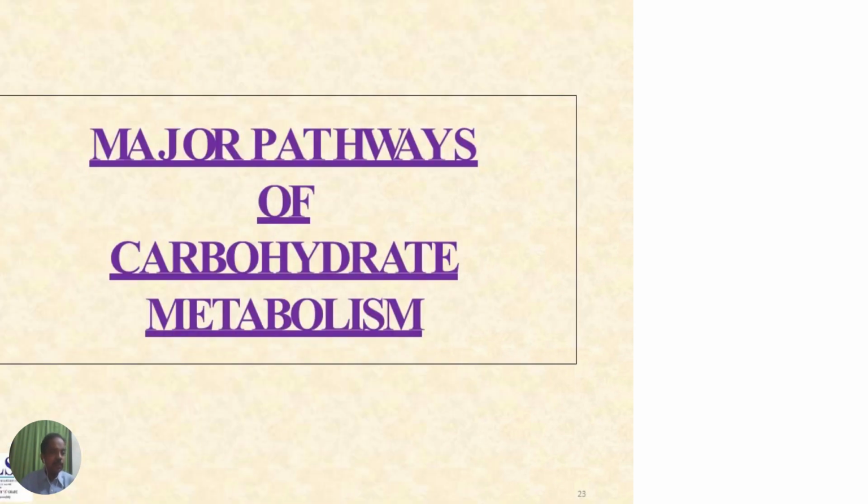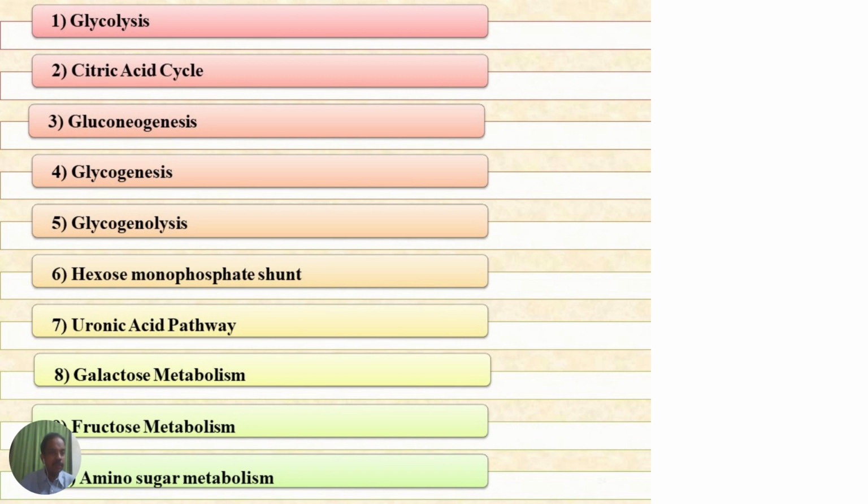The major pathways of carbohydrate metabolism are given over here in the straight chain part. One is glycolysis, citric acid cycle, gluconeogenesis, glycogenesis, glycogenolysis, hexose monophosphate shunt, uronic acid pathway, galactose metabolism, fructose metabolism, and amino sugar metabolism.